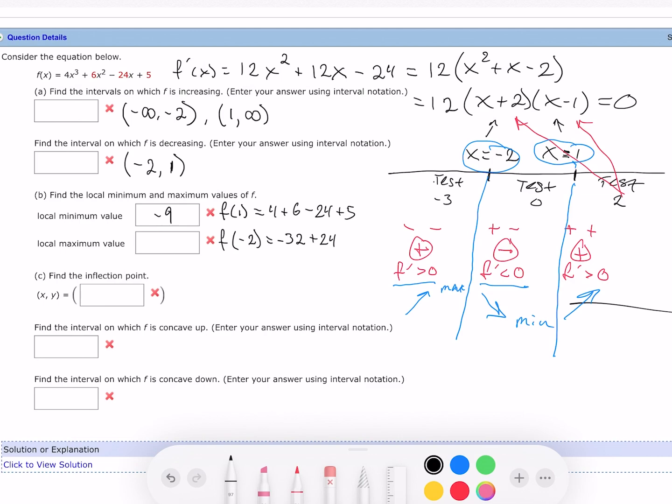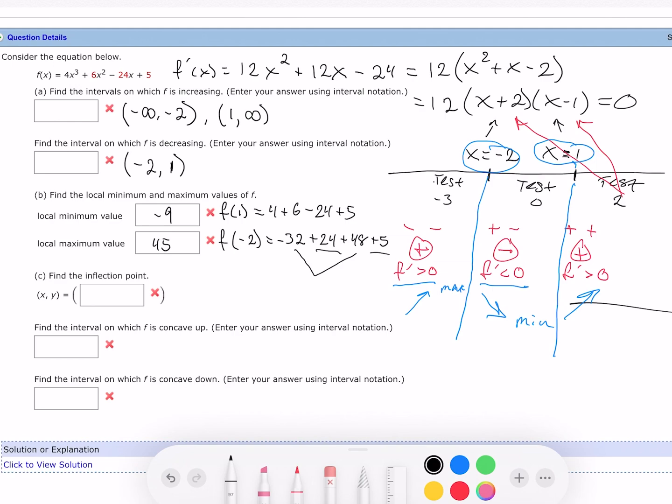You've got negative 24 times negative 2, which is positive 48, plus 5. These values add together to make positive 45. So that is your local maximum value. It happens when x equals negative 2, and your minimum of negative 9 happens when x equals 1.